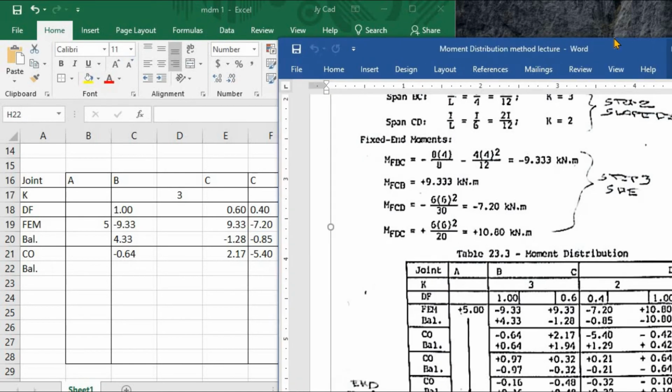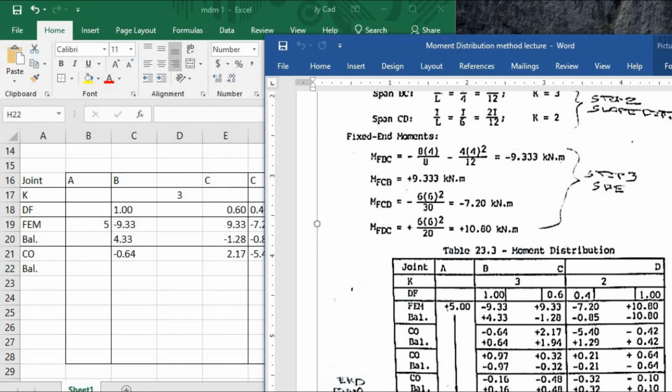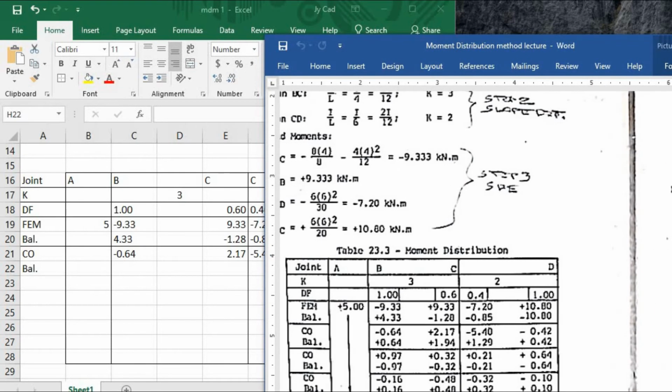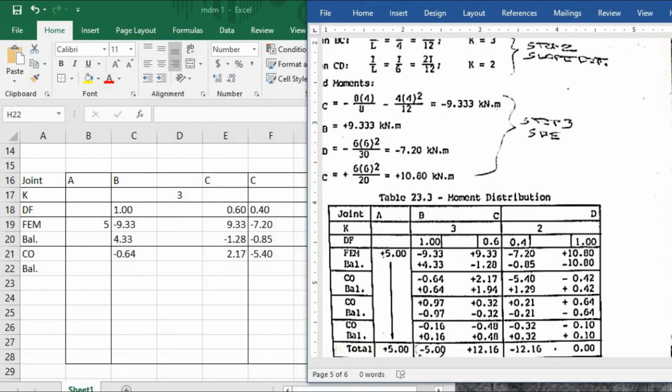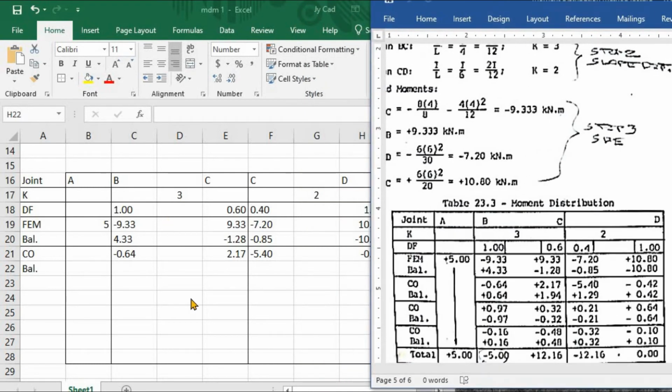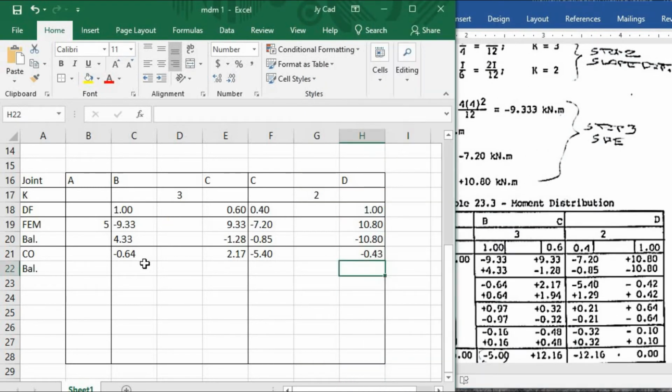Okay, so let's check. Ayan, so 0.64 negative, tama, 2.17, negative 5.4 tsaka negative 0.43. So decimal places lang ang pinagkaiba.